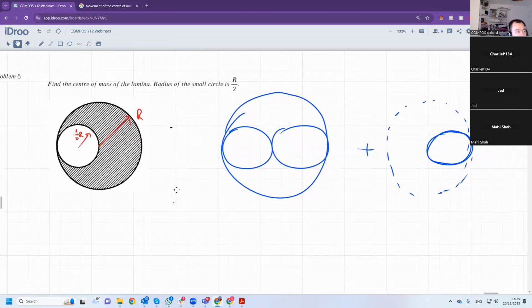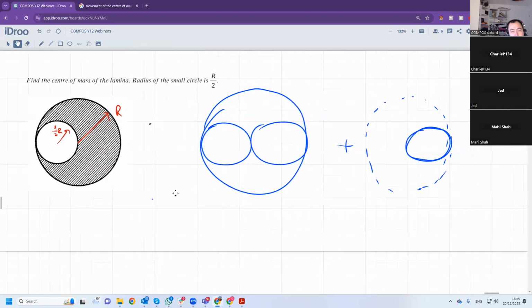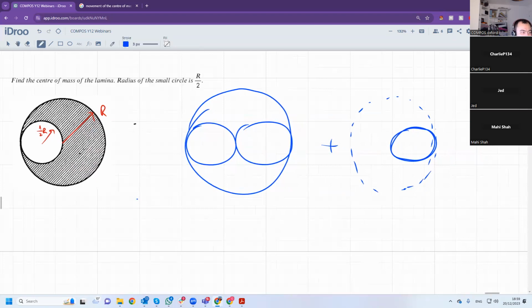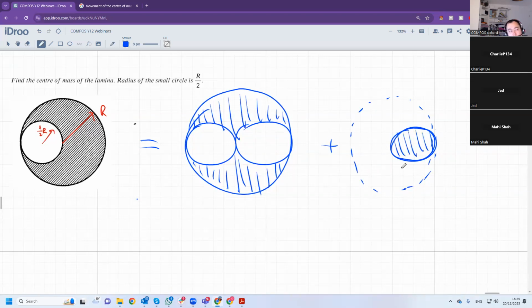So the big circle is r, the radius of the small circle is r/2. So you can think of this uneven disk as being made up of two disks: a disk with two holes in it, plus a small disk like this. If you put the small disk into the big one, you get the original one.